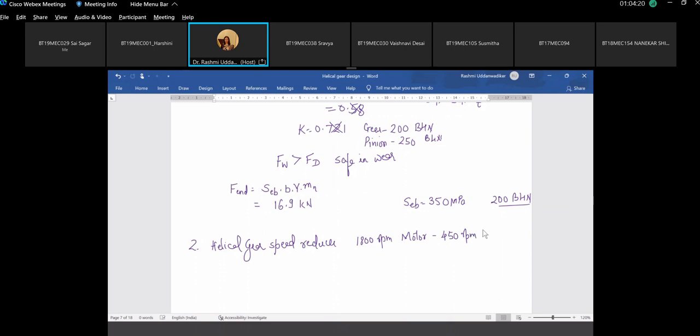The type of load is not specified, but it says 450 RPM load with moderate shocks. Moderate shocks.